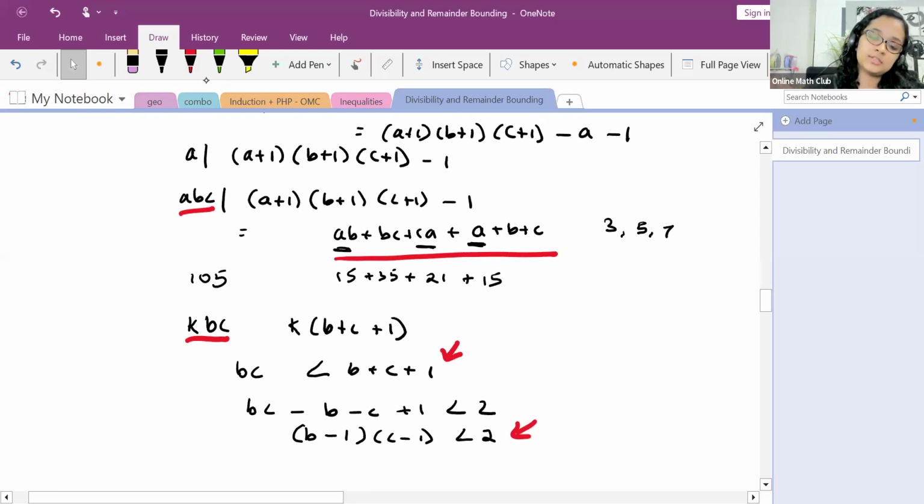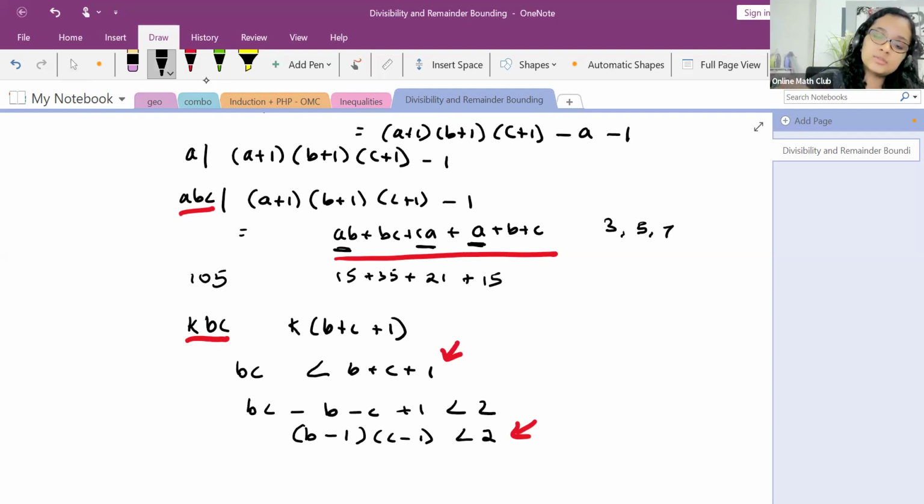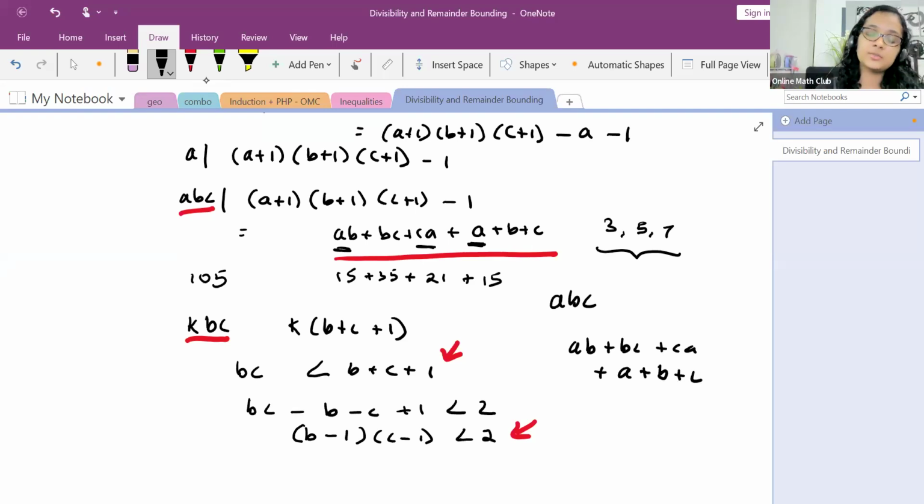Can you repeat after you prove that ABC divides AB plus BC plus CA plus A plus B plus C? Okay, sure. So you know that this is the smallest case possible, and this case does not work because ABC is too big. So now on the LHS you have ABC, and on the RHS you have AB plus BC plus CA plus A plus B plus C. So now you want to show that if you increase one of the variables, the LHS increases more than the RHS.